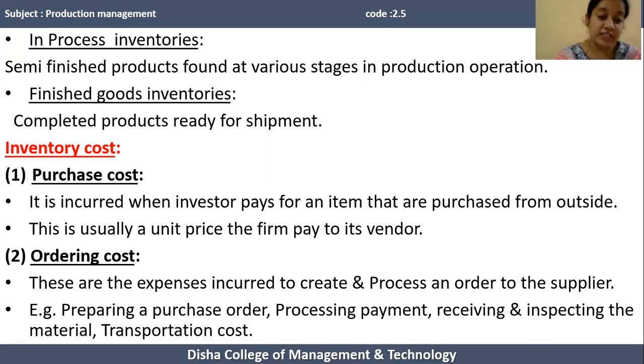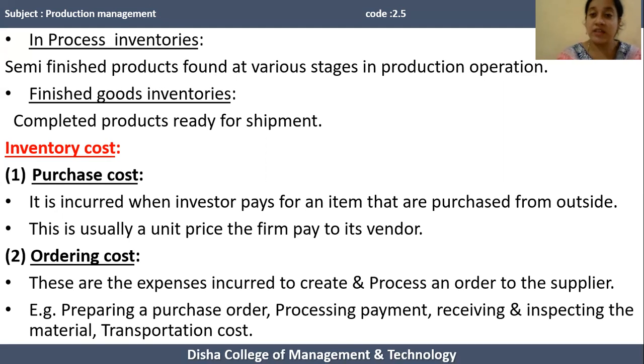Receiving and inspecting the material and transportation cost: for procuring the items, whatever the transportation cost arises, that comes under ordering cost. And receiving and inspecting the material: when the firm places an order to the supplier, generally the supplier supplies the items after some time. After receiving the items, the organization is required to inspect the quality of the items.